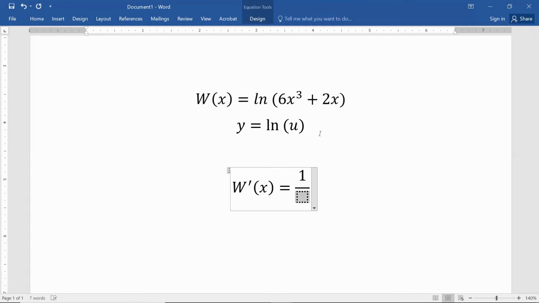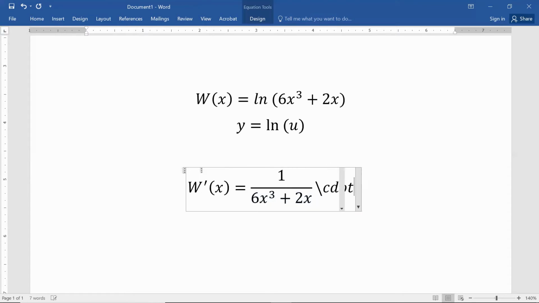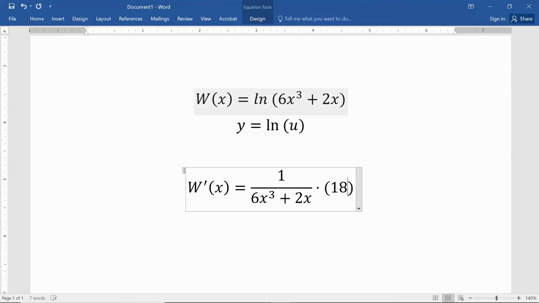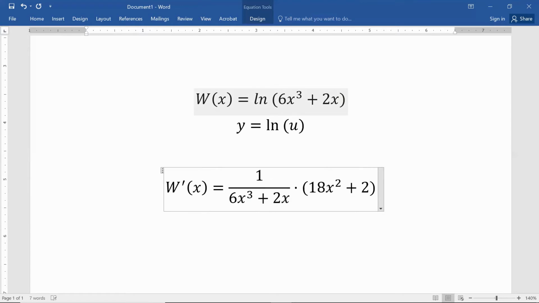So as I take the derivative of w with respect to x, I write 1 over the inside function, 1 over 6x to the third plus 2x. Then I multiply times the derivative of the inside function. The derivative of the inside function is 18x squared plus 2.